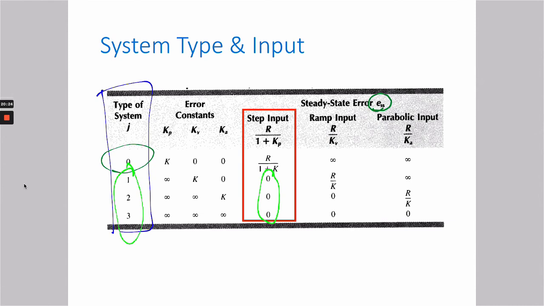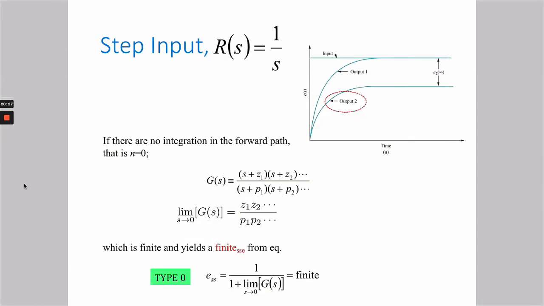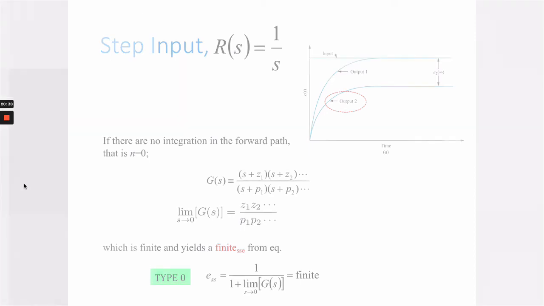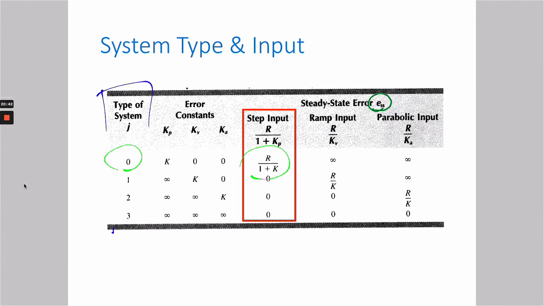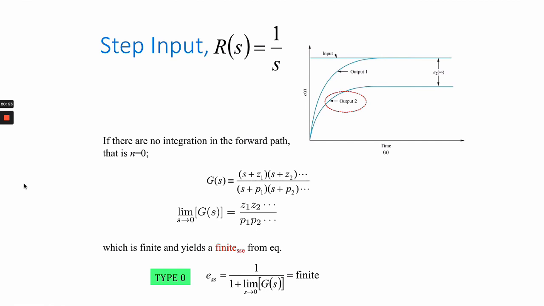Okay, now let's see type 0. From this table, type 0 will give you a finite value. Let's see how we get to this. For type 0, we have s to the power of 0 equals 1. Regardless of the system, we have a type of 0 here. With s to the power of 0, we have (s plus z1)(s plus z2), where z are the zeros, over (s plus p1)(s plus p2), where p are the poles.